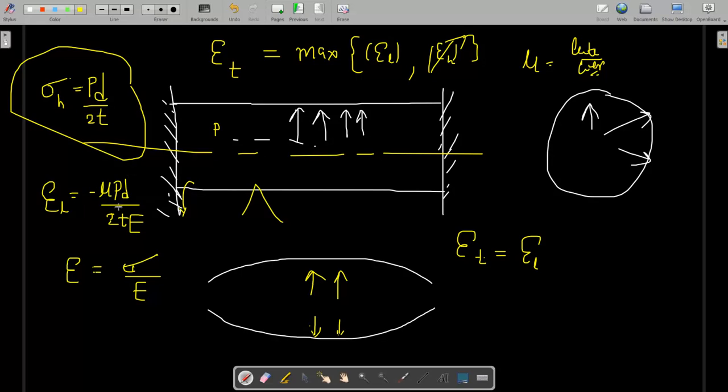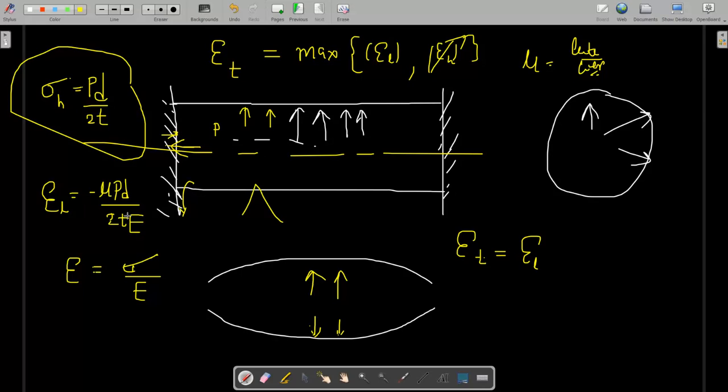Because no stress will be produced in the longitudinal direction, because this is fixed, whatever the pressure increase will be compensated by the support reaction. So only in the circumference direction there is hoop stress, but no bulging is allowed, so the strain will be in the longitudinal direction.